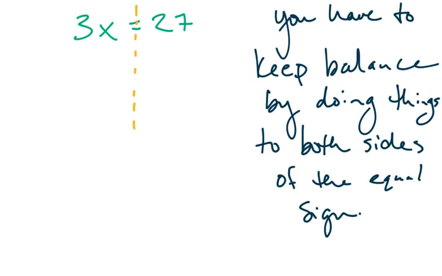Okay? So my objective is to get x by itself or solve for x. Okay? I want to get down to where I have x equals and it tells me what x equals. Okay? Now I can do that and you can do that. This is a one-step equation, meaning there's only one operation we have to do to get x by itself.